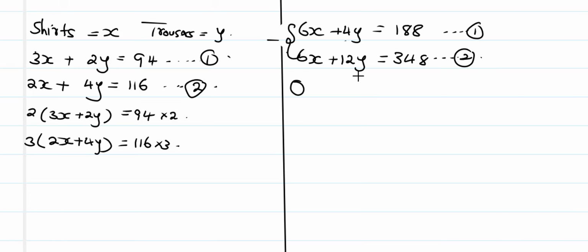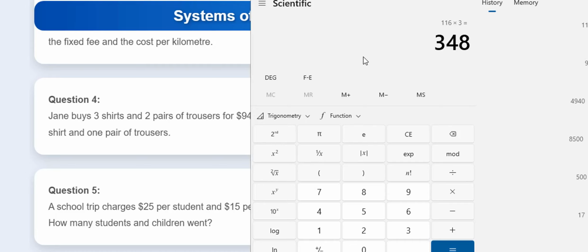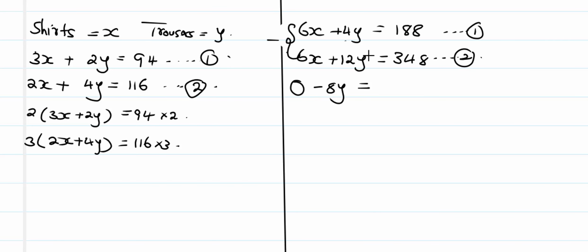Then 4y minus 12y, that will be negative 8y, equals 188 minus 348, which is negative 160. So now it becomes negative 8y equals negative 160.